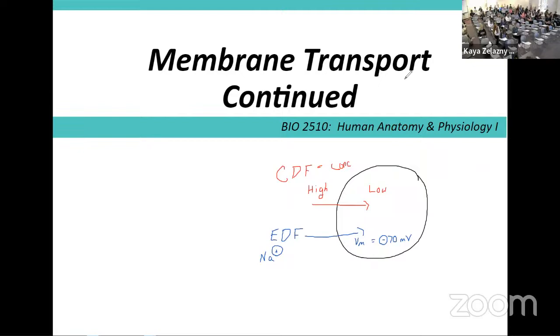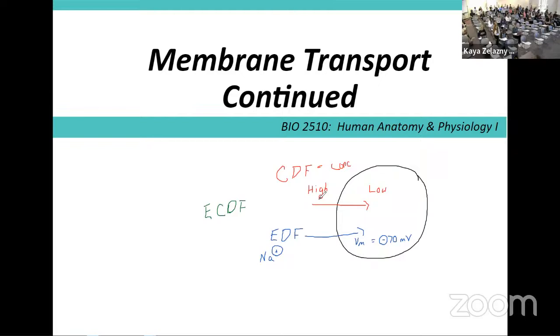And then when we think about the ECDF, the electrochemical driving force, squishing together these two words, we're just combining these two forces. If they're in the same direction, we add them together. If they're in opposite directions, we subtract the smaller one from the larger one.